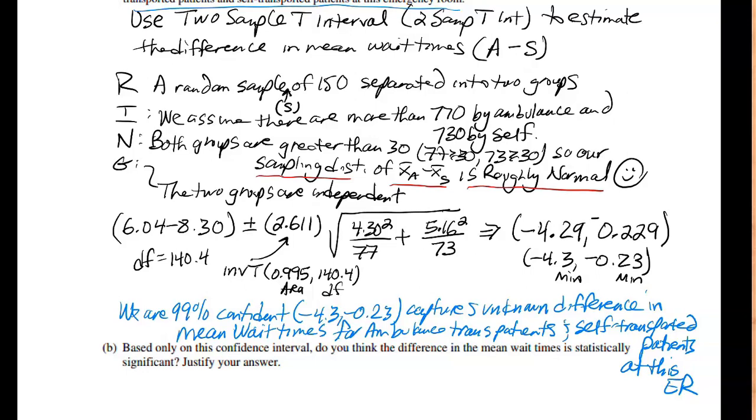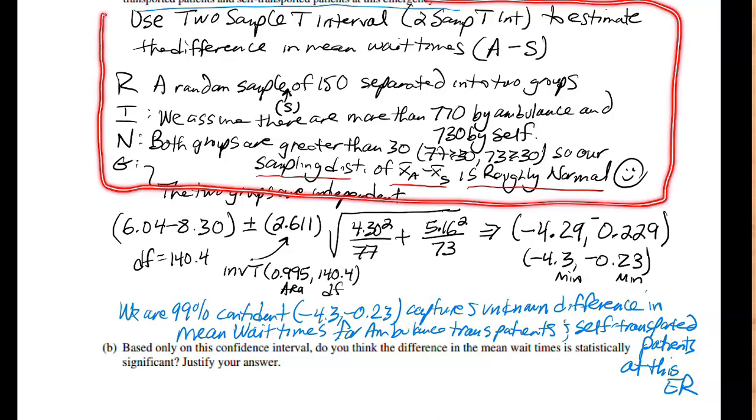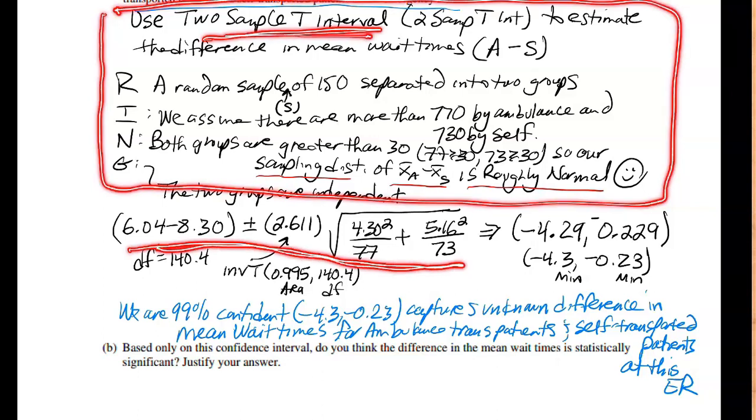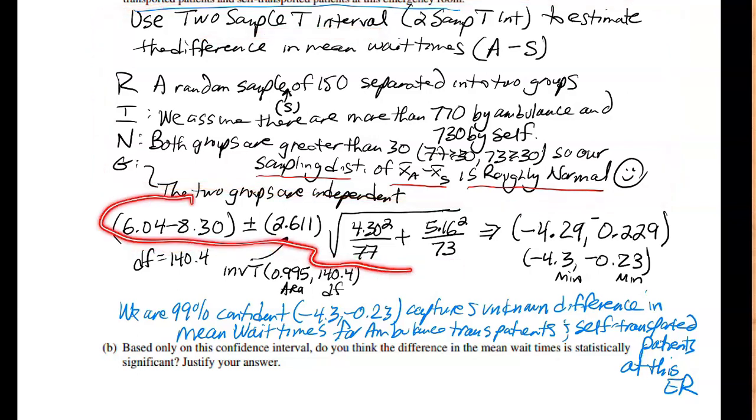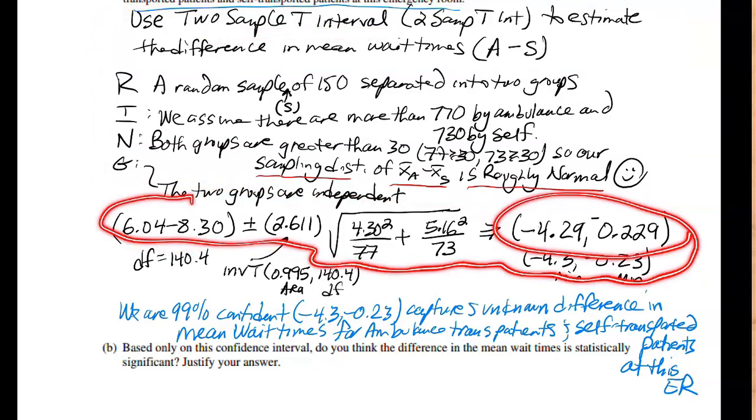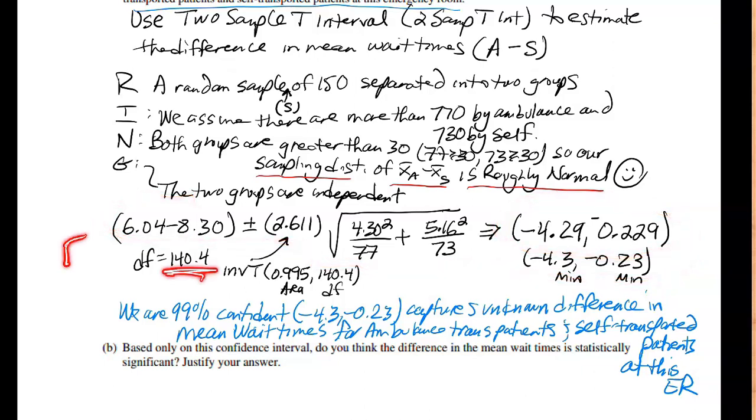So this was scored if you check the conditions correctly and correctly identified the interval, either by the name of the interval, which we did right here, or by the formula of the interval, which we did right here, so we're double good, then that would be an E. If you got the formula correct, got the interval correct, with the degrees of freedom, that would be an E. And then if you interpreted correctly, you mentioned the confidence, you included the interval, you talked about that it's referring to a population, the unknown.